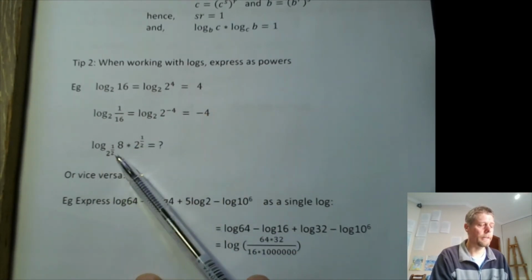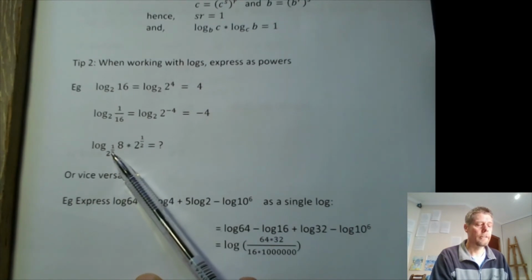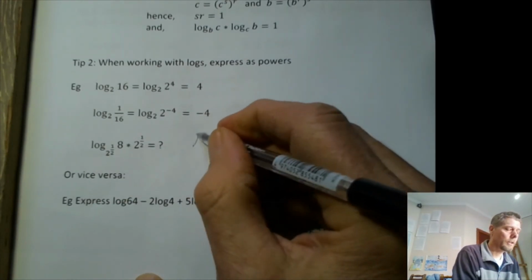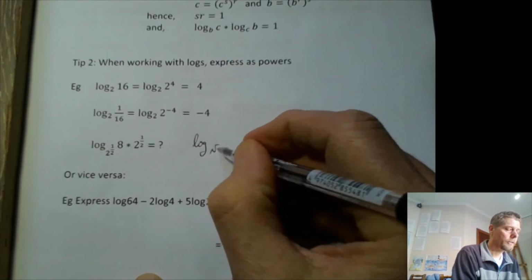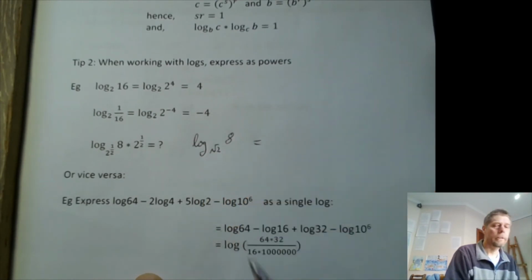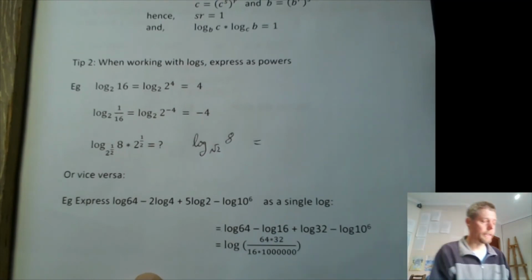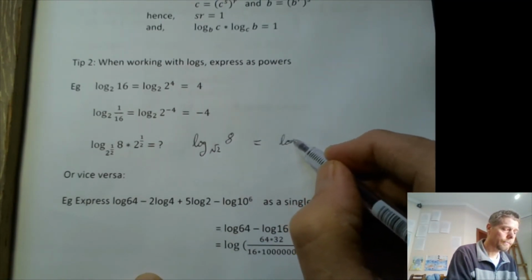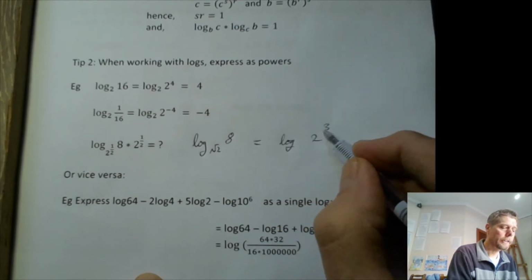Here's a difficult one. What about log of 8 to the base root 2? Wow. So that's equal to log of 8 base square root of 2. Okay, but we know that 8 is made up of 2s, so we can say that's equal to log of 2 to the 3, base square root of 2.